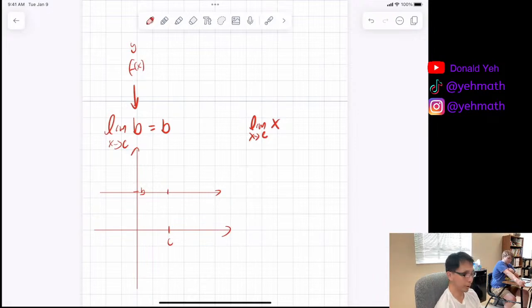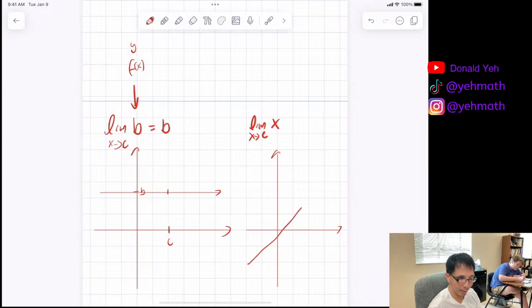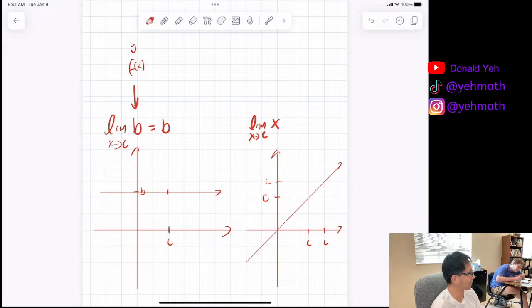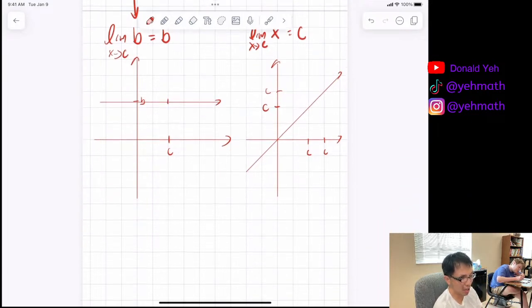C is correct, very good job. Why is it c? Think about it. The graph of x looks like a line like this. If I put an input of c, what's my output? c. It doesn't matter where c is, it's still c, because input and output are exactly the same. So therefore it's equal to c. Does that make sense?